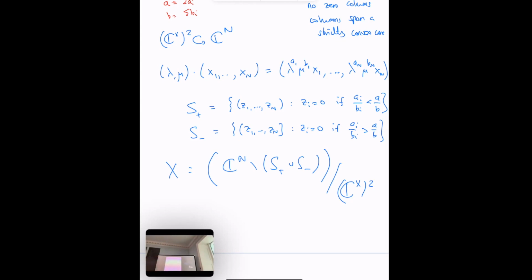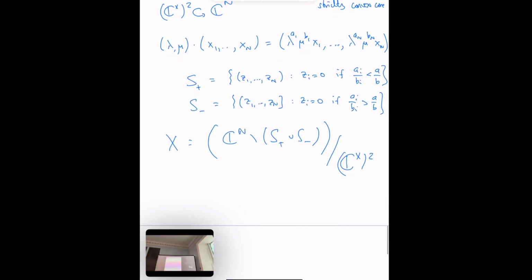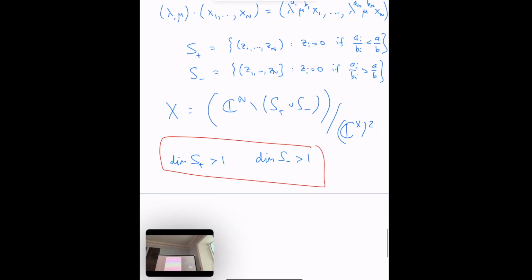And I also insist that, most of the time, the dimension of S plus and the dimension of S minus are both at least 2. I'm going to assume that in what follows, and that implies that the second Betti number of this space is 2. So the dimension of the second homology group is 2. So this space has Picard rank 2.